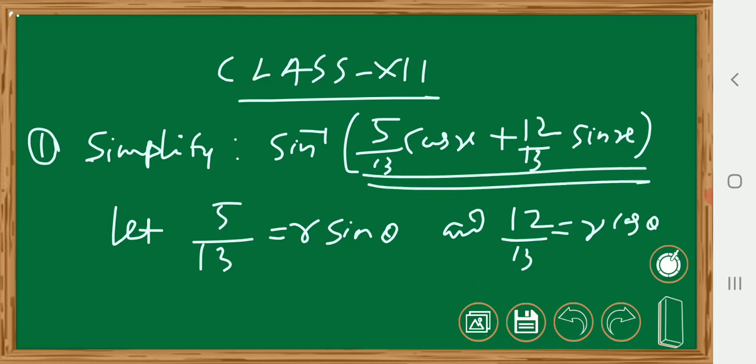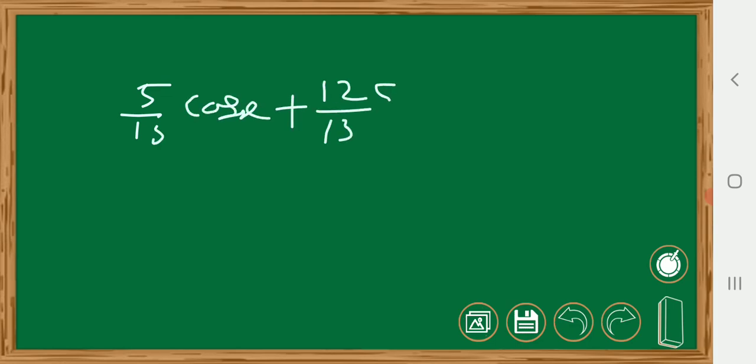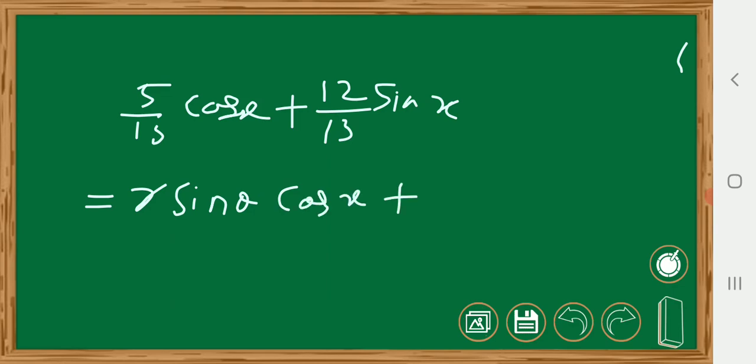Then this term is ultimately reformed. So how? This sin inverse (5/13 cos x + 12/13 sin x) is reformed in the form of r sin theta cos x plus r cos theta sin x.